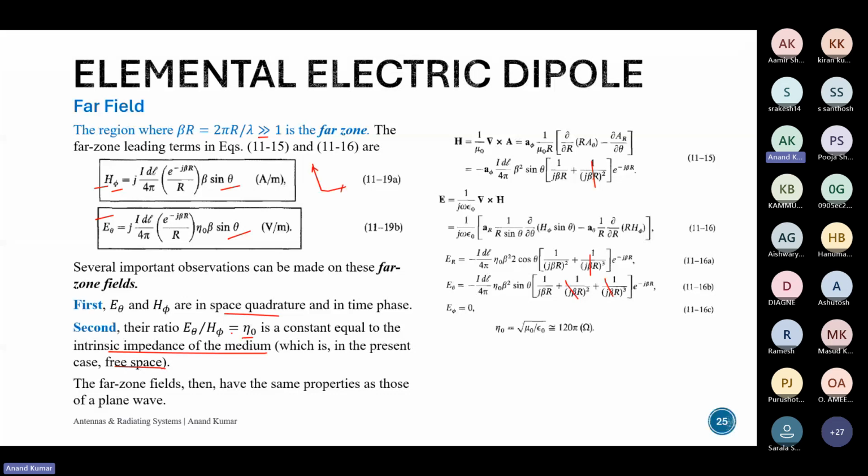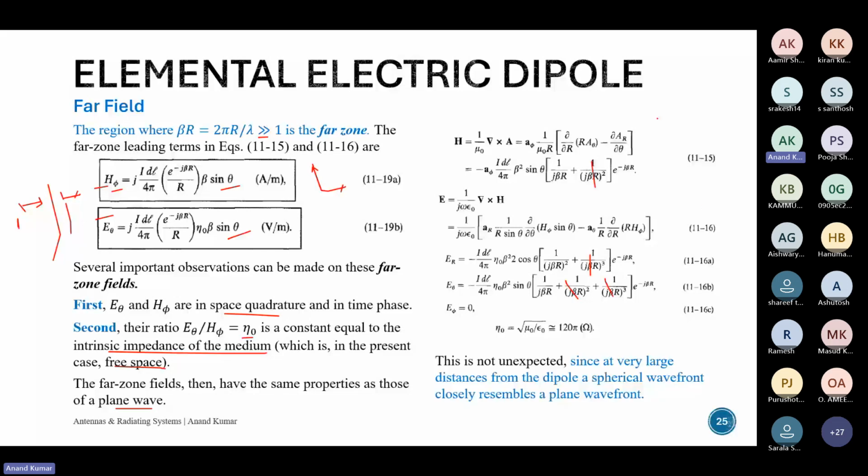In the far field, the waves appear to be plane waves, and this is not unexpected because at a very large distance, if you have a small source over here and fields are being generated at a very large distance, the wavefront would appear like plane waves, because if you keep increasing the diameter of a circle, at some point it would look like a plane. If you make this infinite, this will become exactly plane.